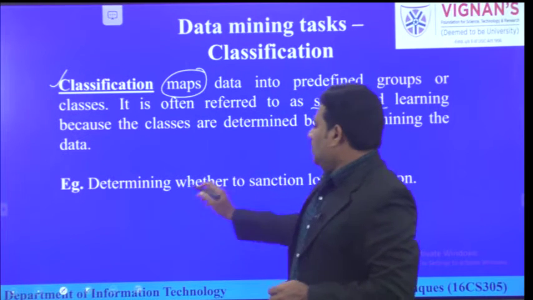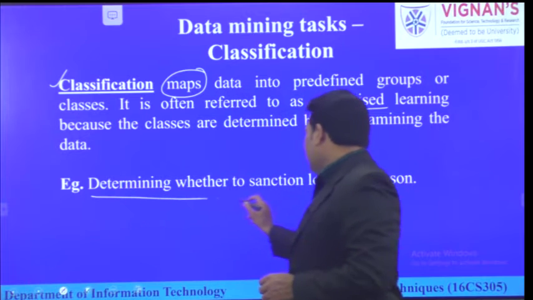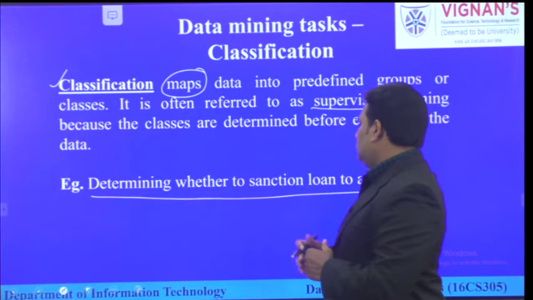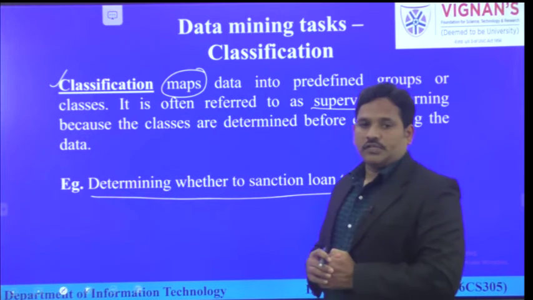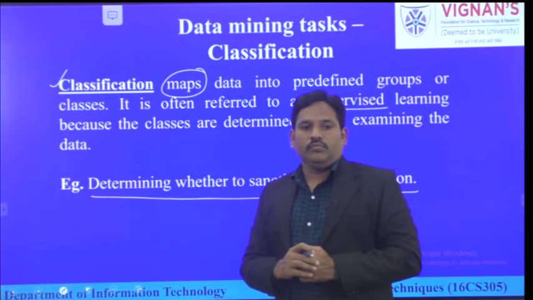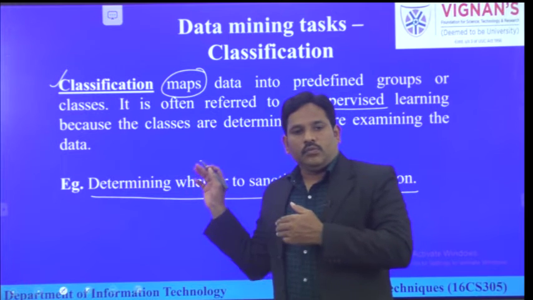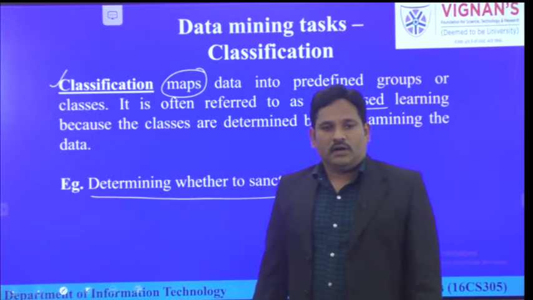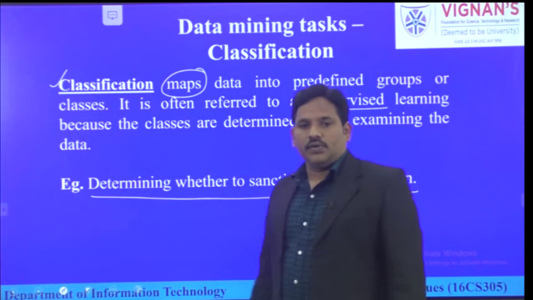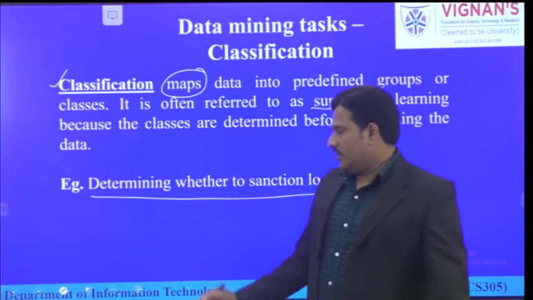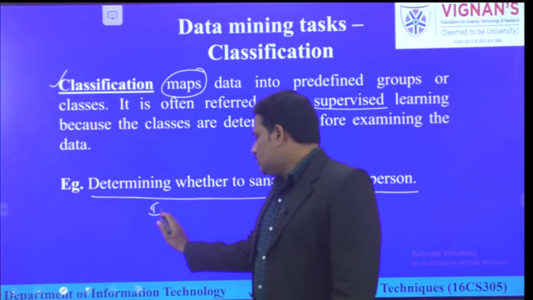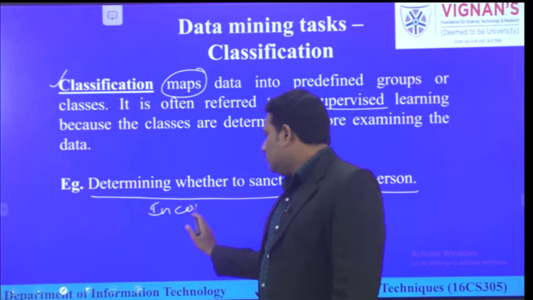Now here, look at determining whether to sanction a loan to a person. Here we want to predict whether we can sanction a loan to a person or not. Let us take on what basis we can sanction a loan. Generally based on income. This is the first and foremost criterion.